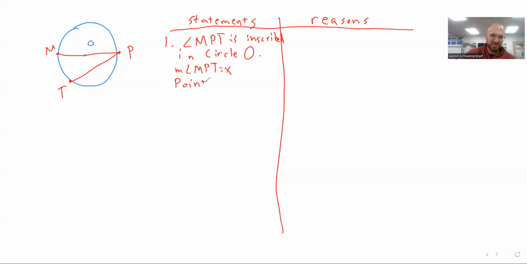All of this information is given to me by the diagram. It's also given to me by the proof here, shown on page 145.